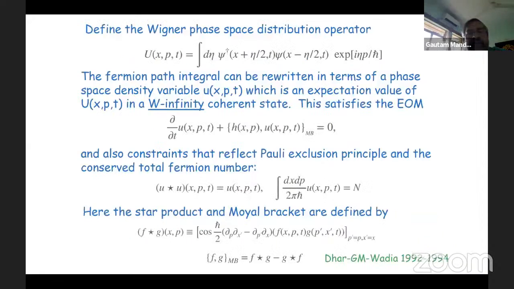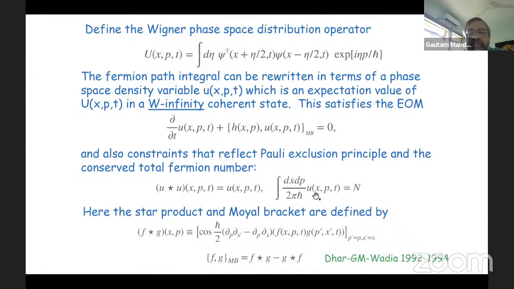But you can also just formally see what's going on: the Moyal bracket actually becomes a Poisson bracket, because F star G is almost like a product, but with an order h bar term. So the product term cancels out between F star G and G star F. That's the leading term, but the h bar dependent term gives you the Poisson bracket.